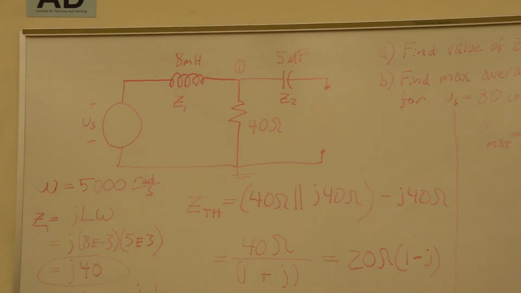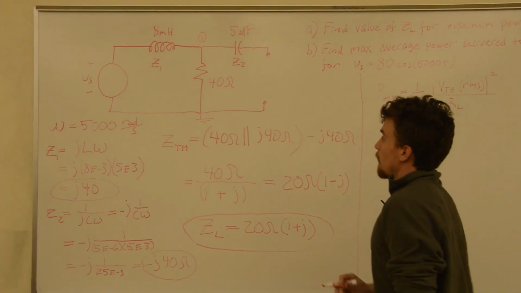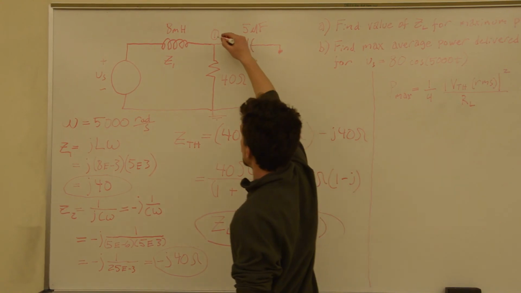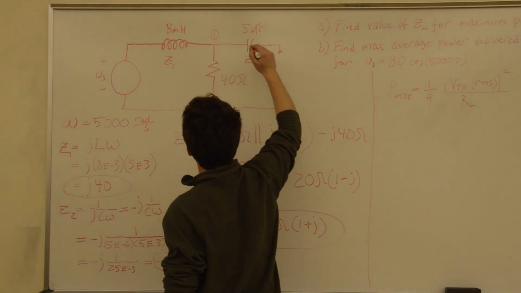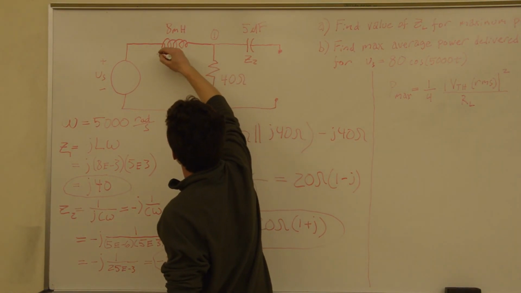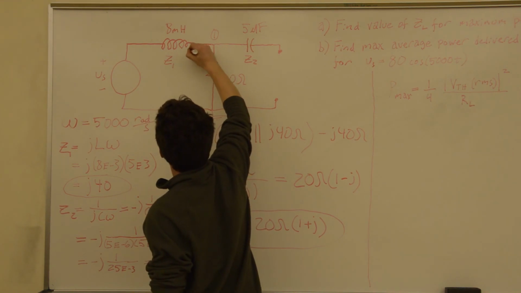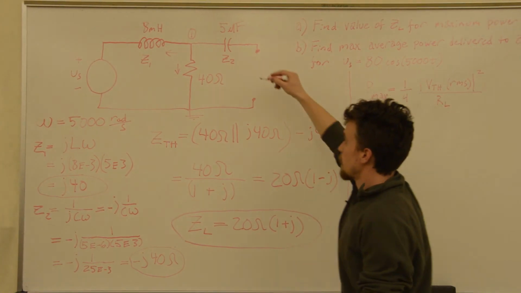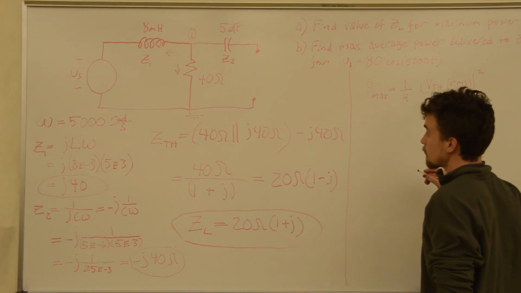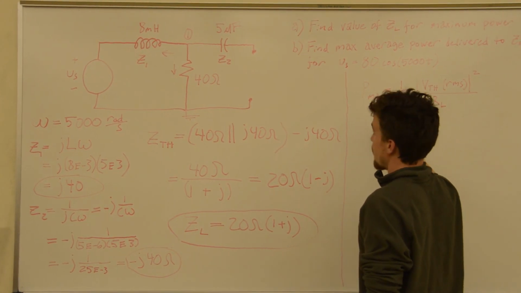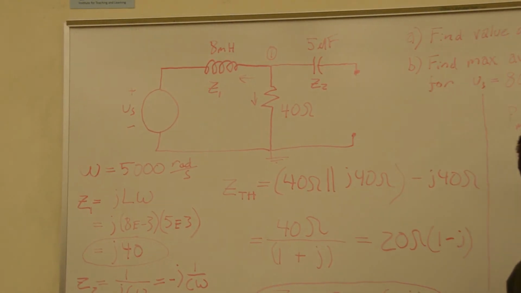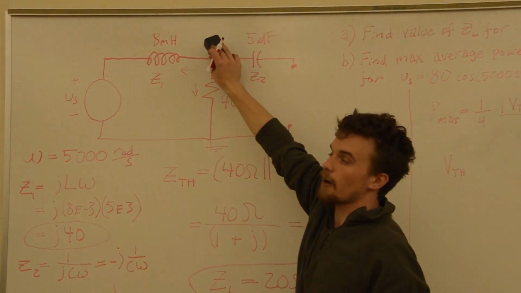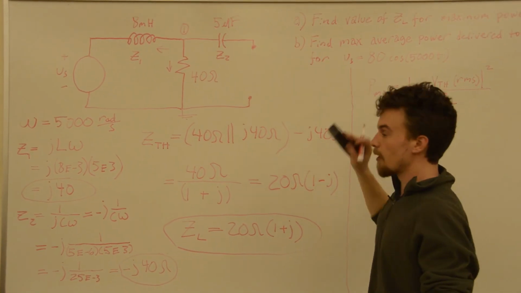So we'll write a KCL equation to find this voltage right here. We'll have a current here and a current here, and those should sum to 0. There's no current in this branch again. We could call this V1, but we'll call it V Thevenin since that's what we're looking for.